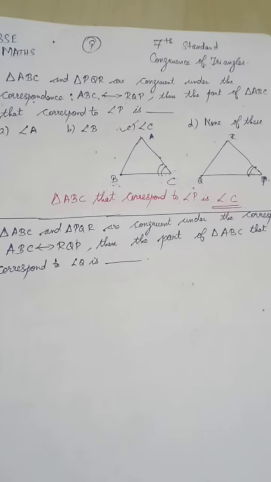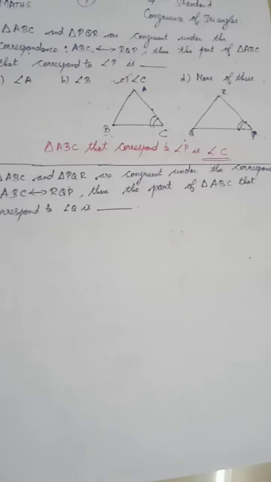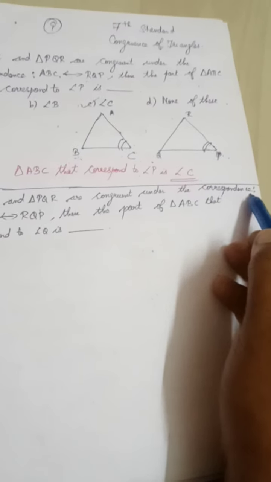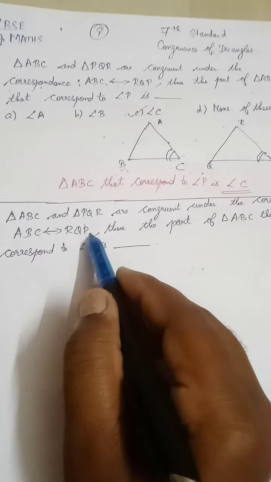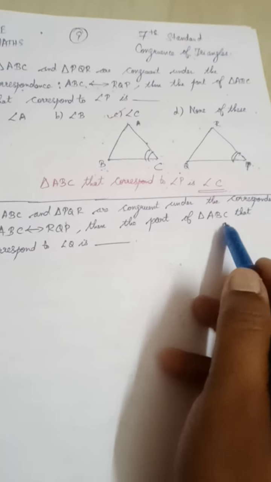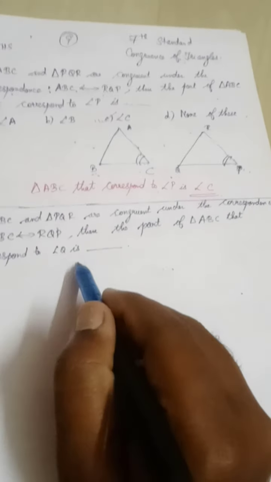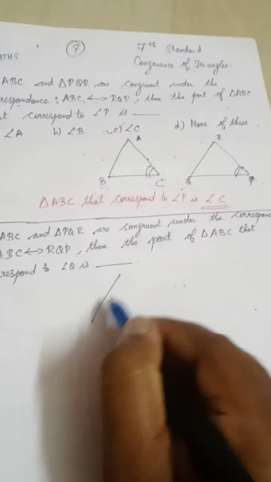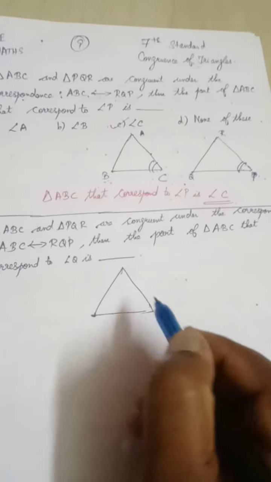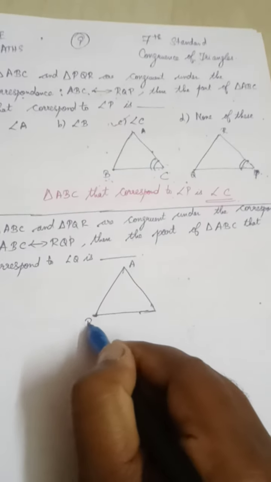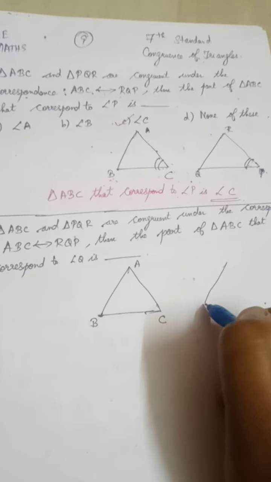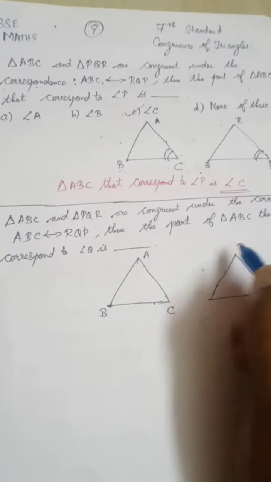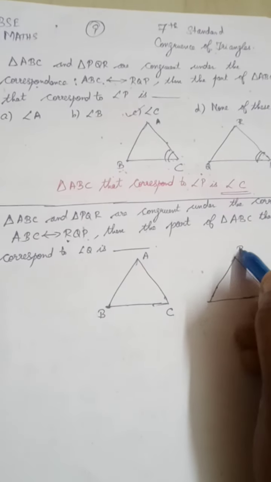The next one. Triangle ABC and triangle PQR are congruent under the correspondence ABC congruent to RQP. Then the part of triangle ABC that corresponds to Q. Likewise, it is a similar problem. Triangle ABC, triangle PQR, that is RQP.